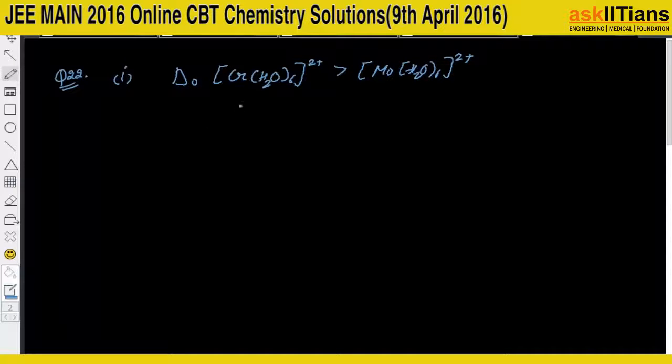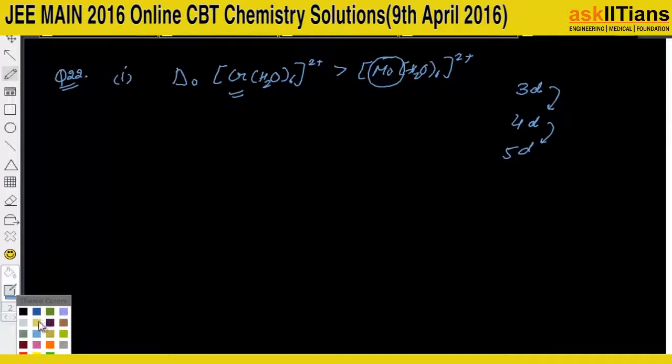Dear students, you know that the atomic number of molybdenum is much greater as compared to that of chromium. And we know that as we go from 3d to 4d to 5d series, the value of CFSE increases because of the poor shielding of d and f orbitals. But this option says something else.